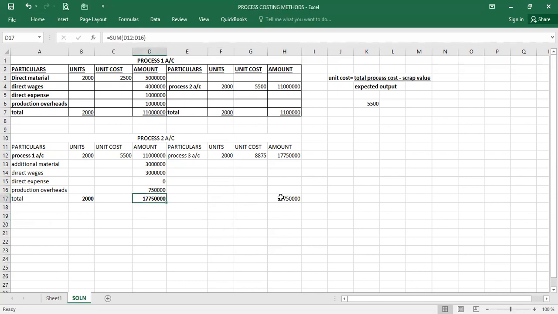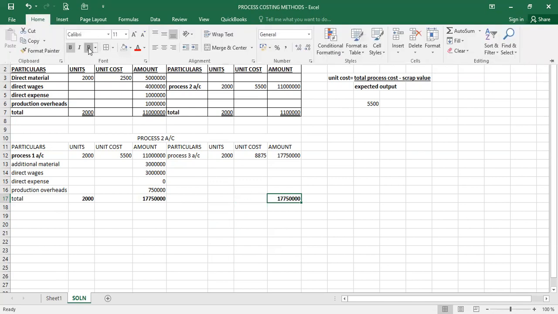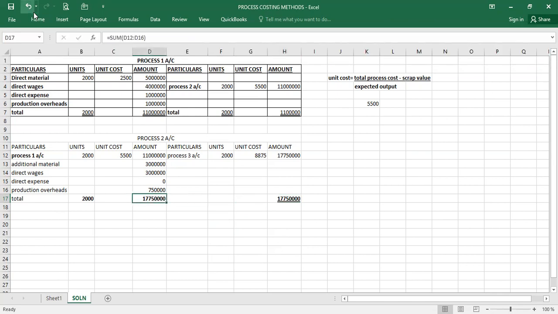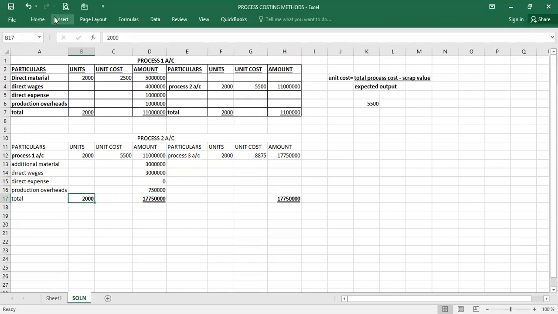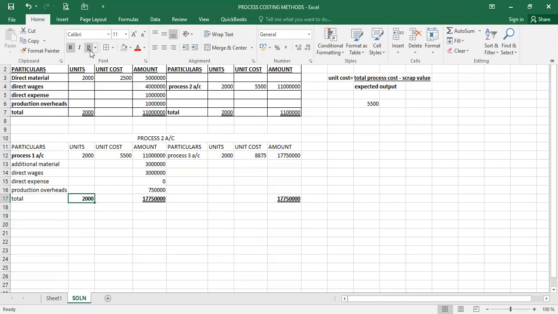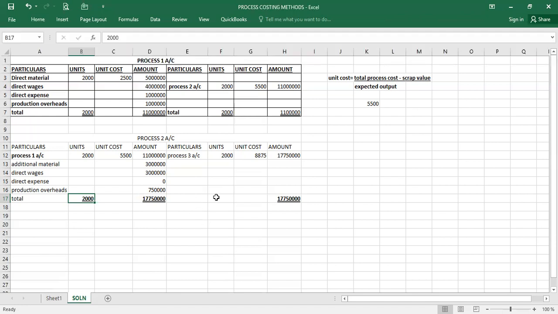We can try to highlight this. We have to double underline. This is accounting, we double underline them. This means closing off the accounts. It means nothing is going to happen again. Here we have 2000. We also have to close it.